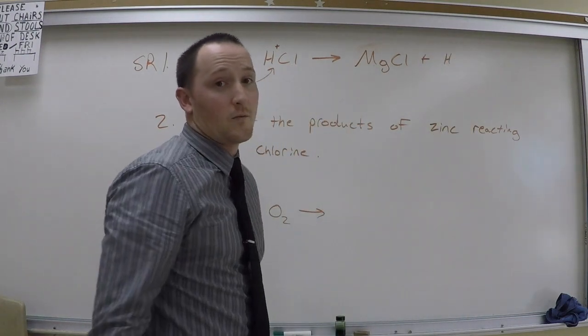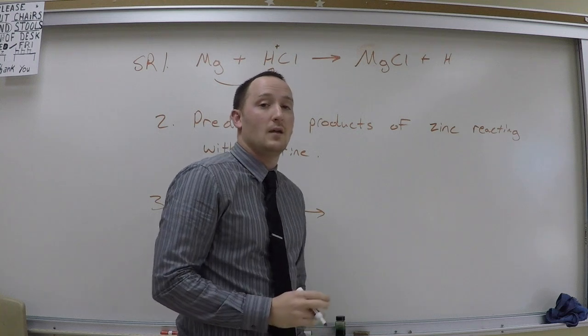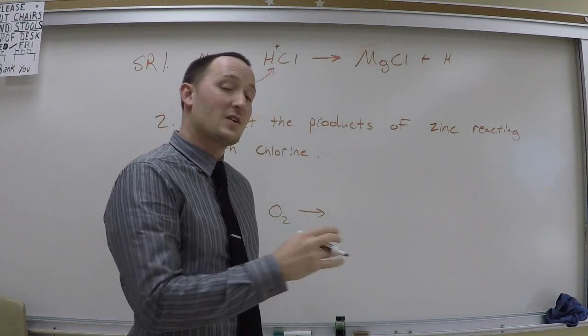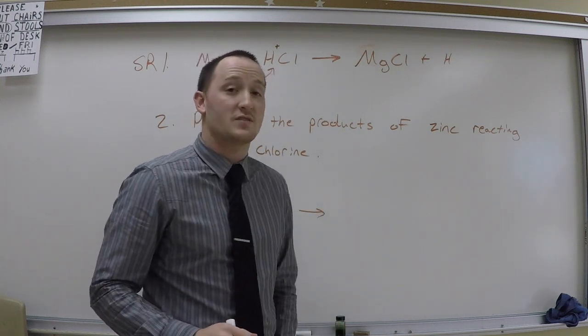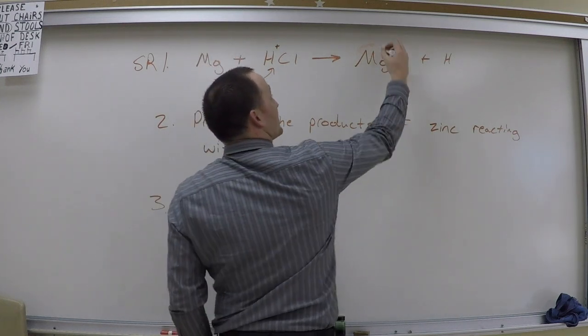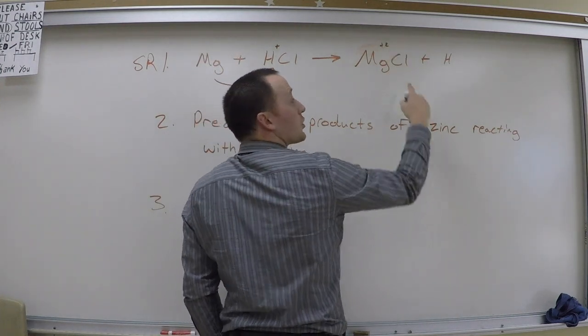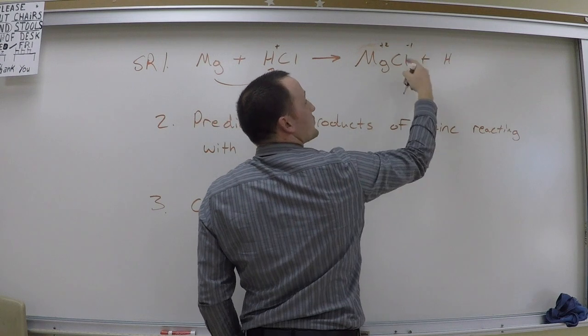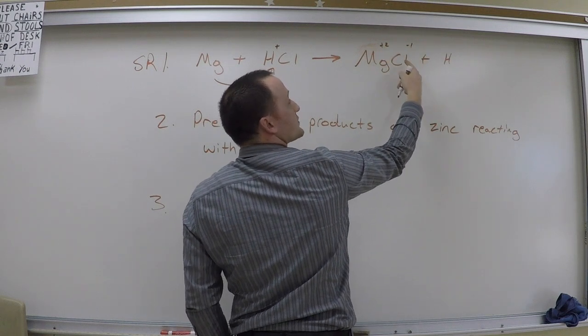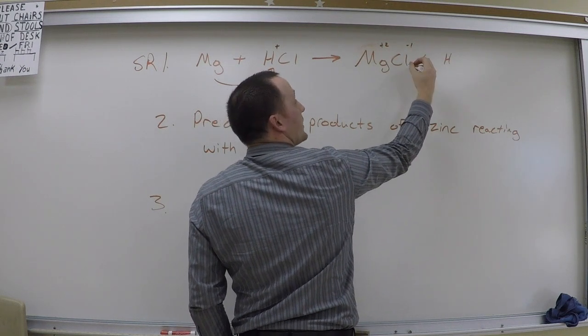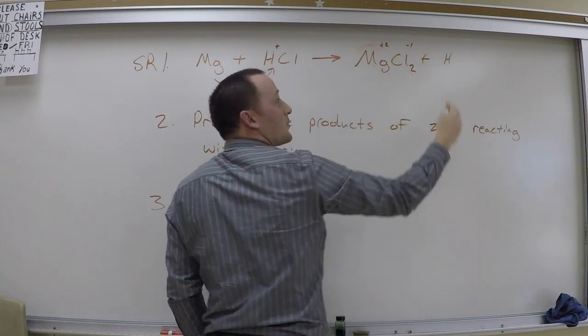Now, don't forget what we've learned. Whenever we write a compound, especially an ionic one, we have to crisscross the charges. So, magnesium wants to be a +2 charge. Chloride is a -1 charge. So when we crisscross those charges, this 2 is going to come down here. This 1 would come down here, but we don't write those.